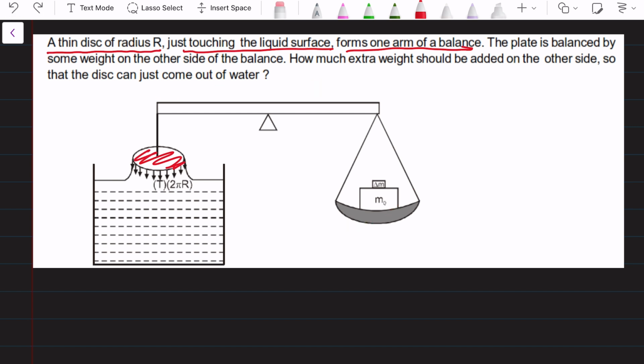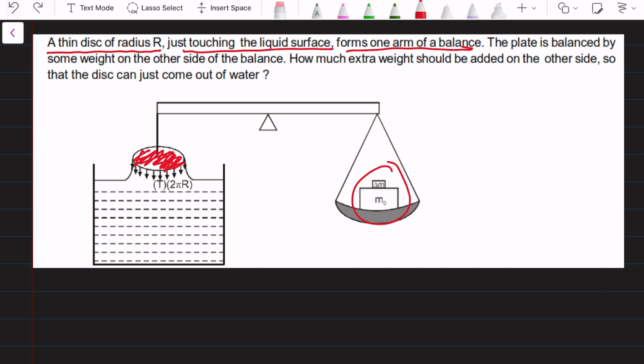The plate is balanced by some weight on the other side of the balance. How much extra weight should be added so that the disc just comes out of the surface?